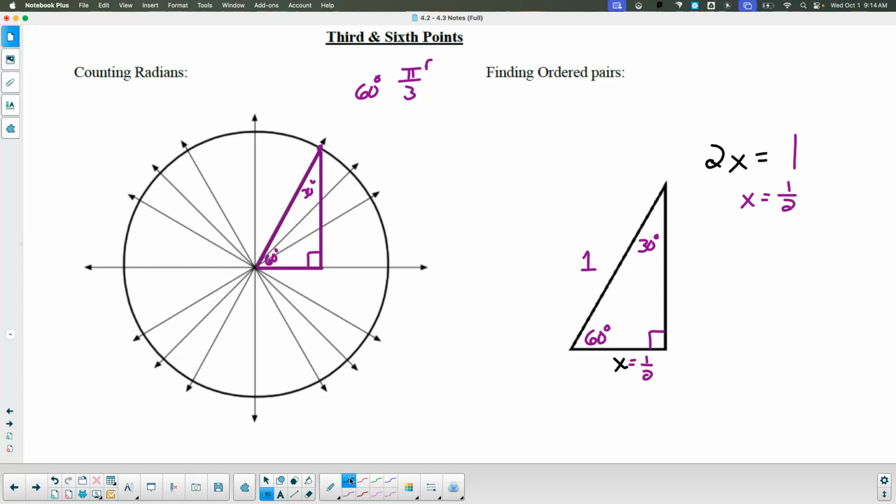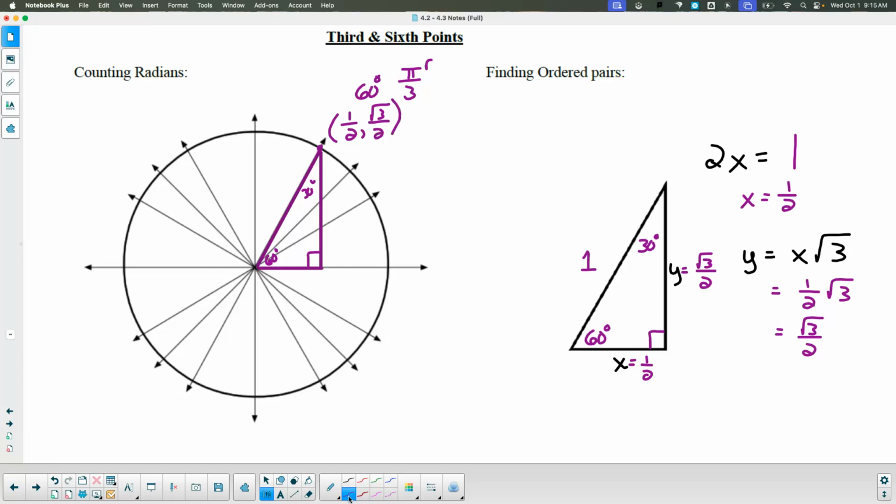We also learned yesterday that the long leg was the short leg times the square root of 3. So that would make my long leg 1/2 times the square root of 3, or the square root of 3 over 2. Which makes the coordinates here 1/2, comma, the square root of 3 over 2.